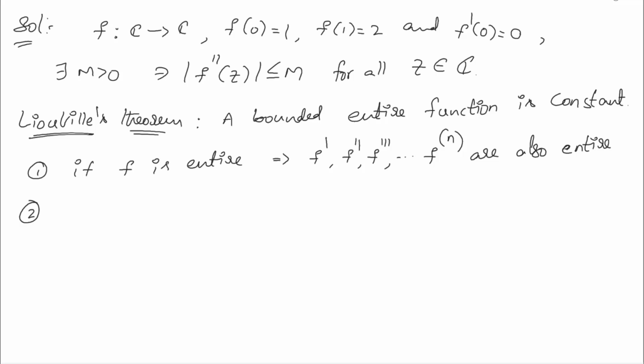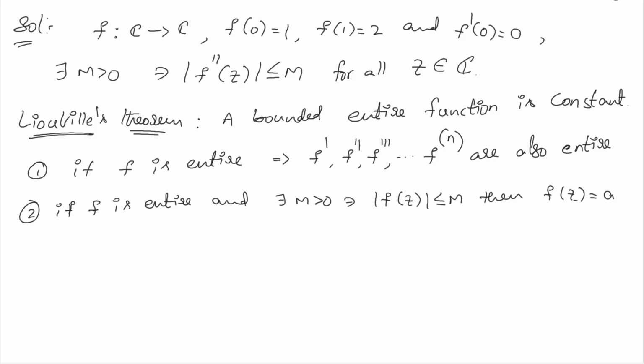And the second point is, if f is entire, and there exists some positive constant m such that modulus of f of z is less than or equal to m, then we have f of z equal to a constant function. This is nothing but the Liouville's theorem. So now based on these 2 points, we solve the problem.